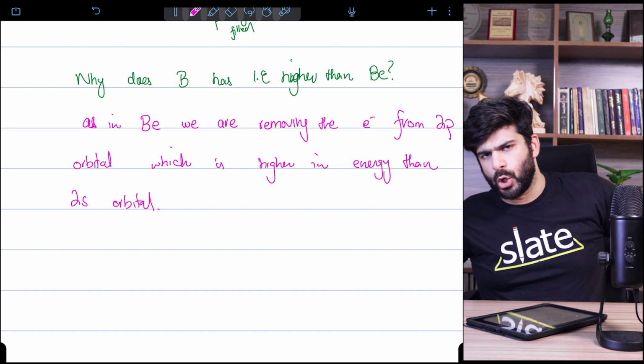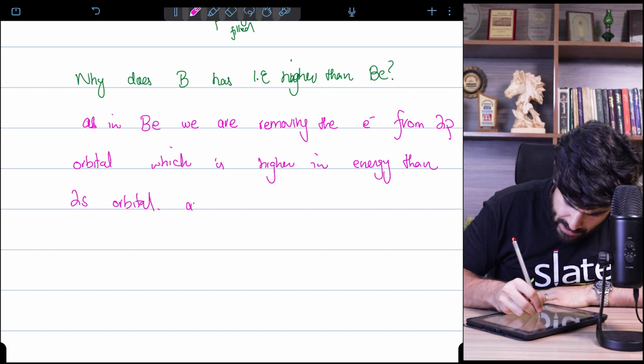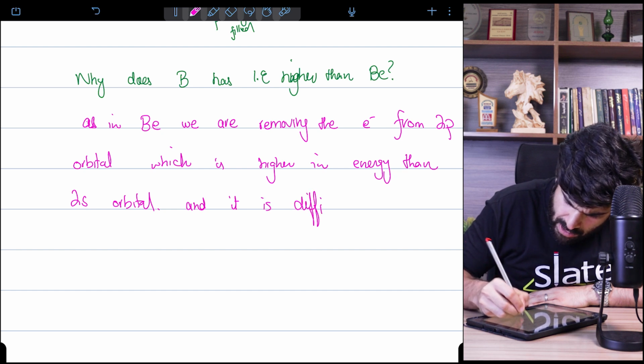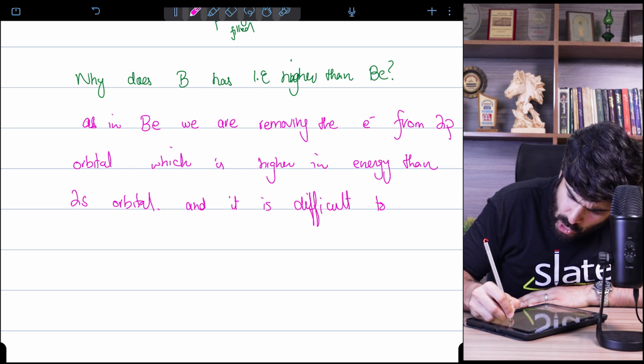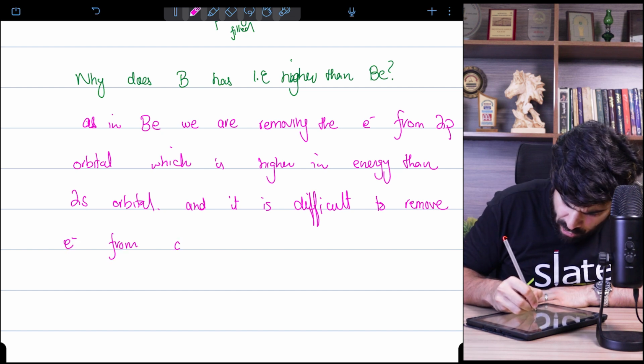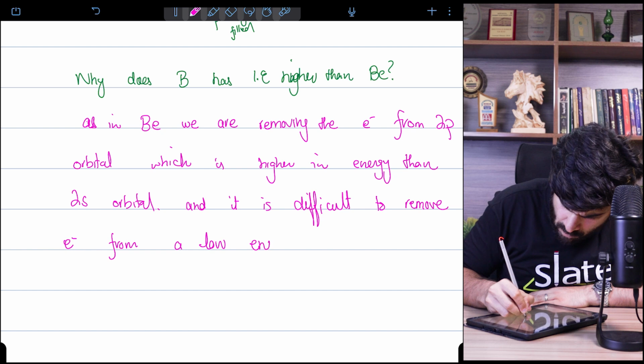That we know. 2s has a lower energy, and it is difficult to remove an electron from a low energy orbital.